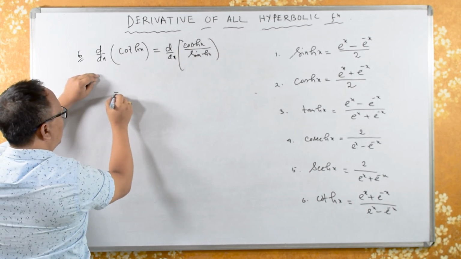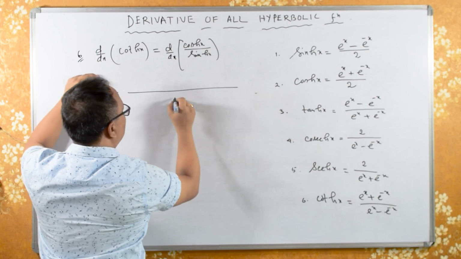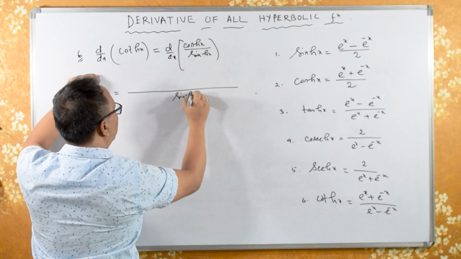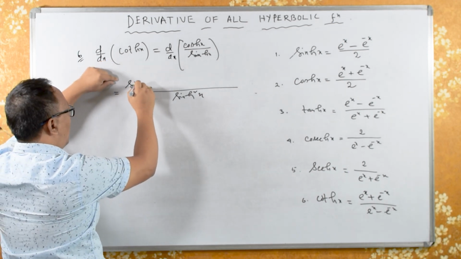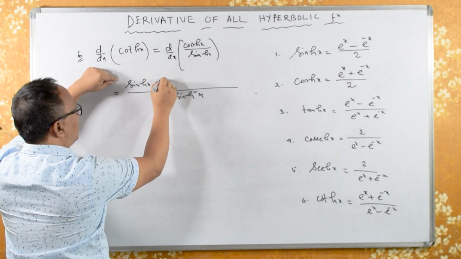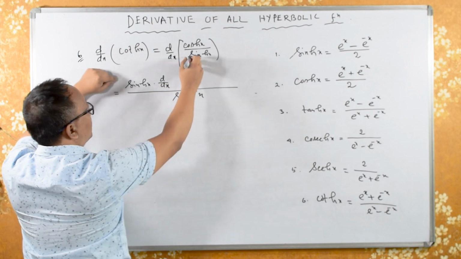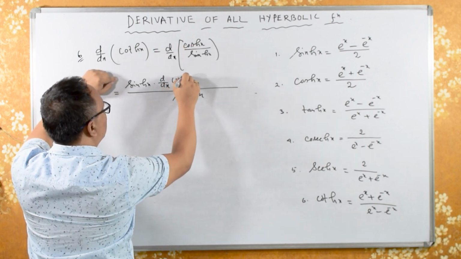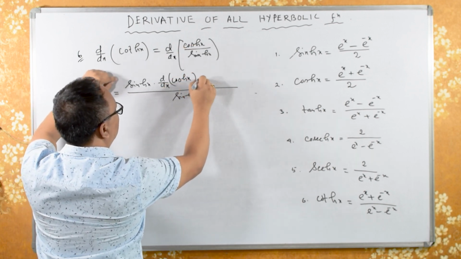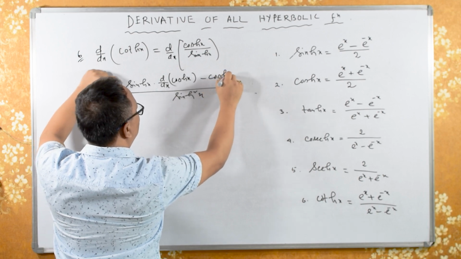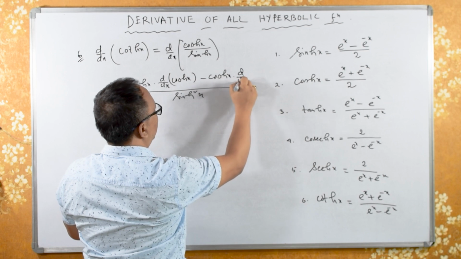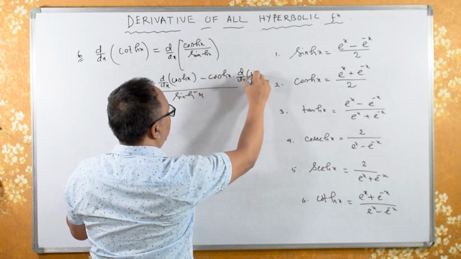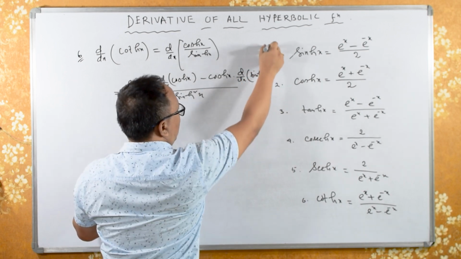Applying the u by v rule here, sine hyperbolic square x in the denominator, sine hyperbolic x into d/dx of cos hyperbolic x minus cos hyperbolic x into what we have to differentiate, sine hyperbolic x.